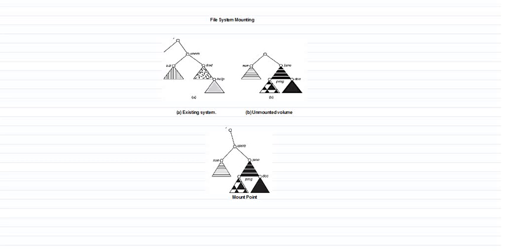Okay. So the next topic that deals with is file system mounting. So what do you mean by mounting? Mounting is attaching. So what are you trying to attach?